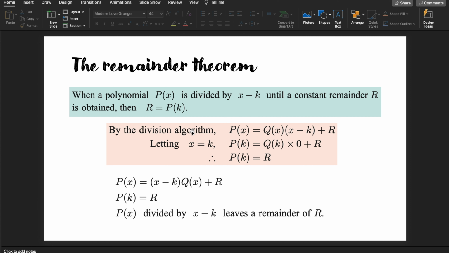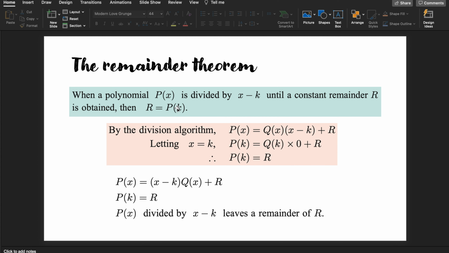So when we divide a polynomial by a certain divisor, which is x minus k in this case, this is what we get, right? P of x equals q of x, which is the quotient, multiplied by x minus k, plus r. So now it states that r equals p of k, right?